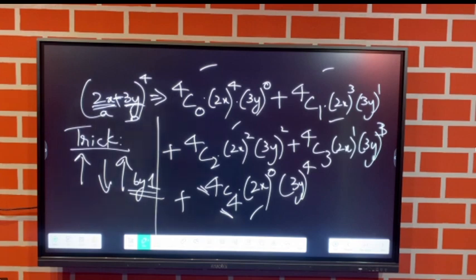We'll solve one question based on this. I'll solve one complete question, because I'm supposed to teach how to solve combination also.